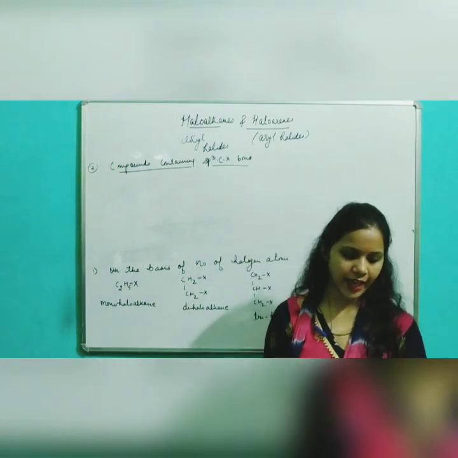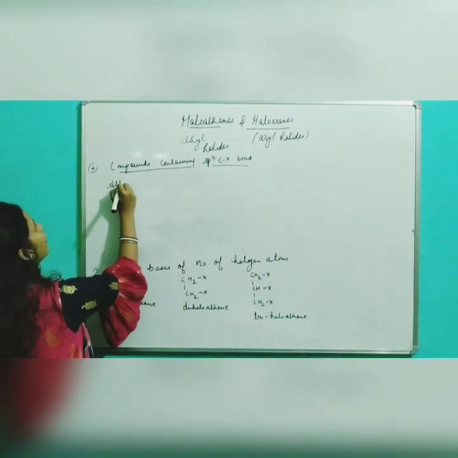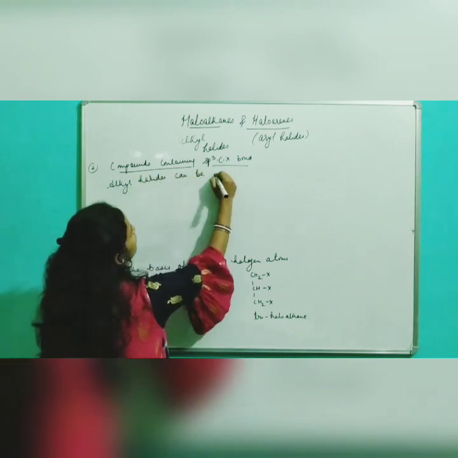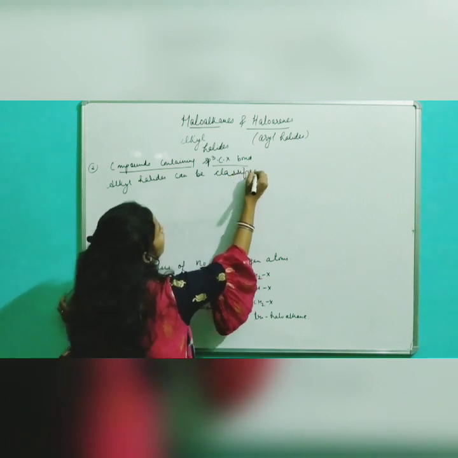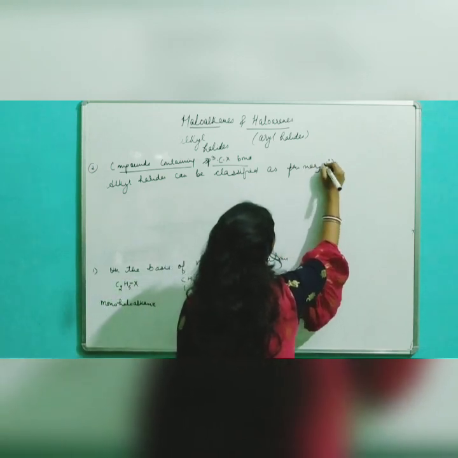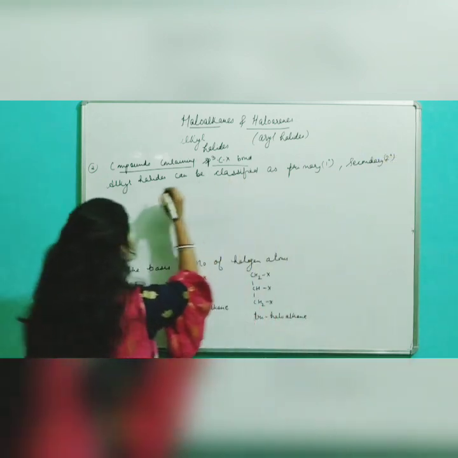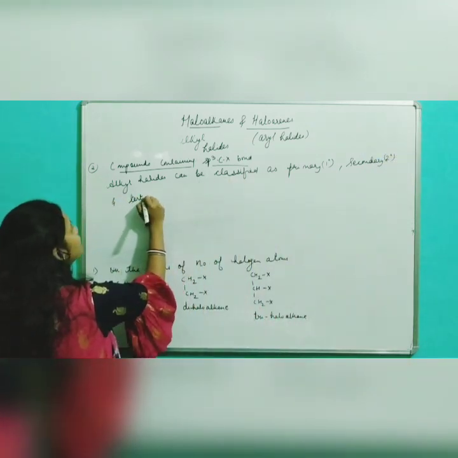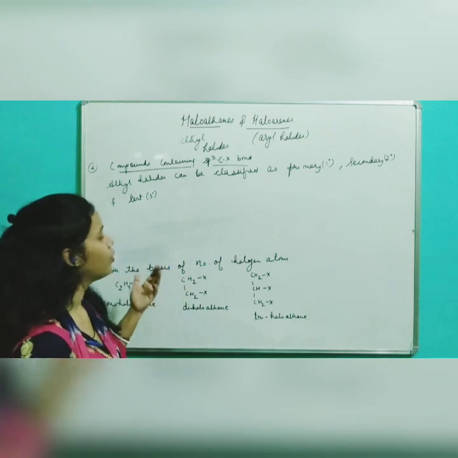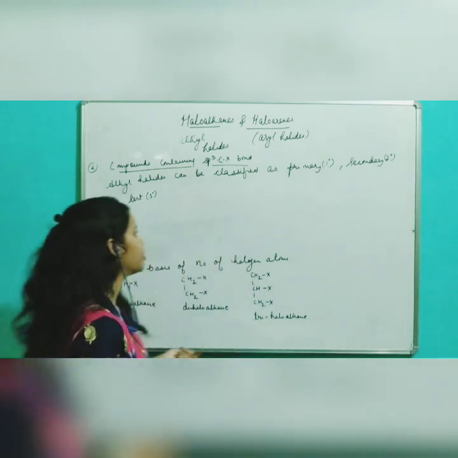So alkyl halides can be classified as primary (1 degree), secondary (2 degree) and tertiary (3 degree), depending upon whether the halogen atom is attached to a primary carbon, secondary carbon or tertiary carbon.